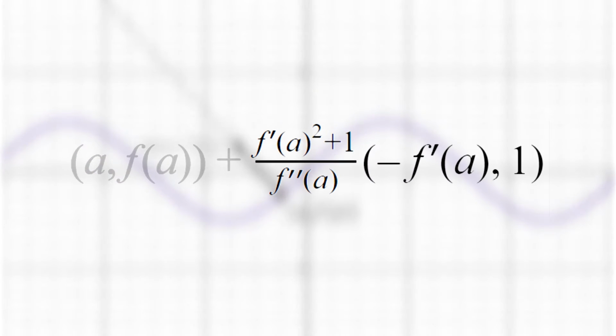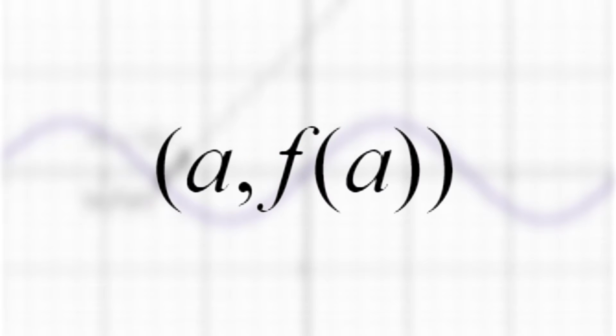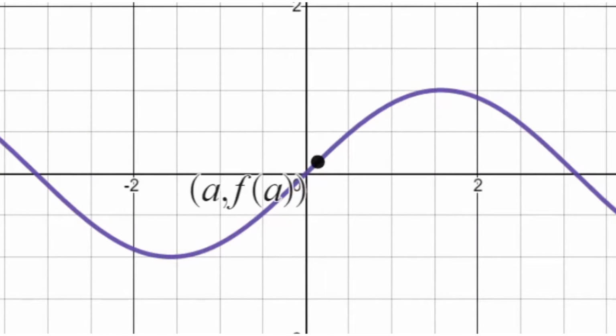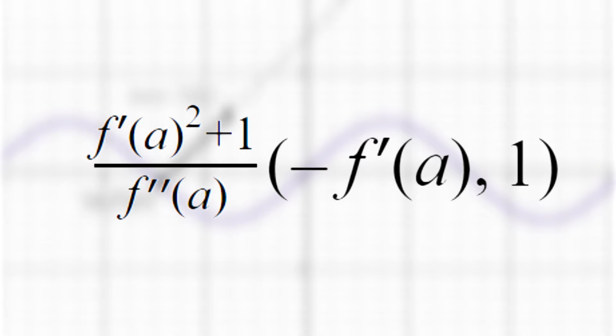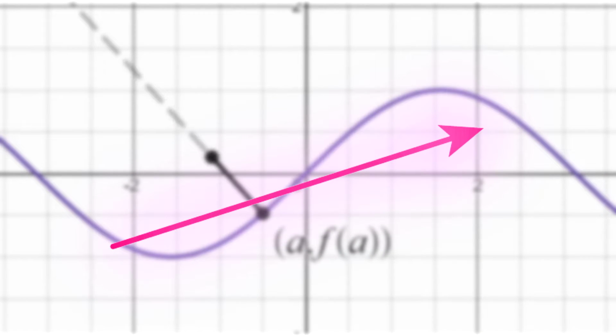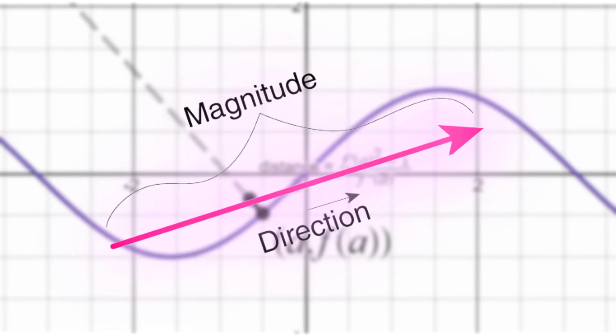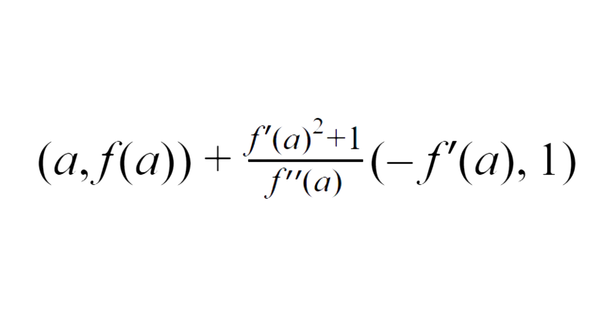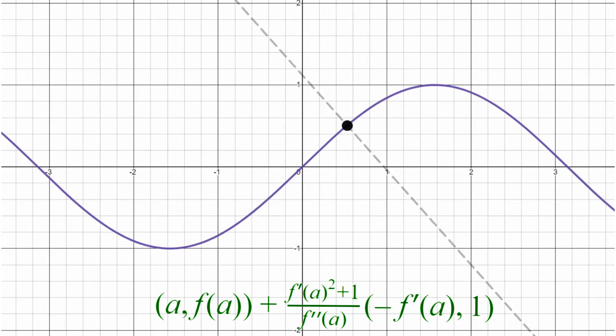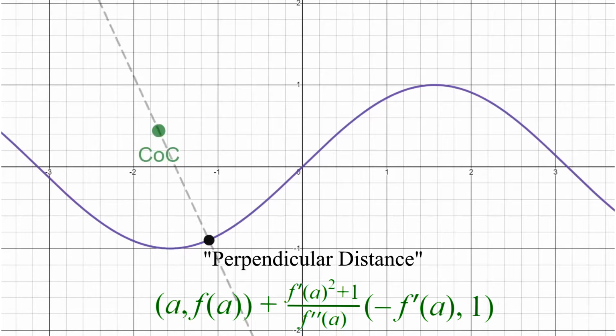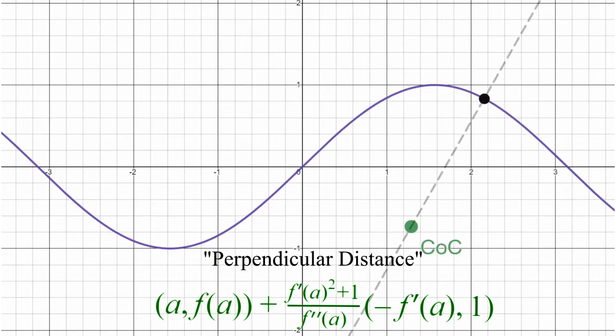The second term might still be fuzzy to you, but in the context of this situation, it is more understandable to think of the first term as a position and then the second term as a quote-unquote vector, where you walk some displacement with a specific magnitude and direction. And to remind you, this entire thing here locates the COC of a function, and the COC is always some perpendicular distance from the curve if you haven't figured it out.